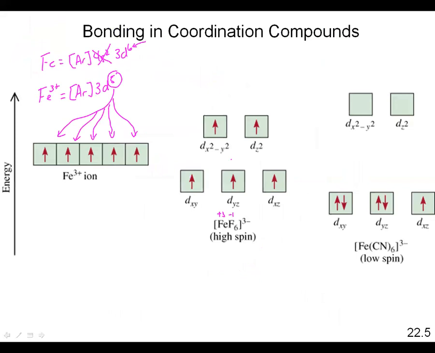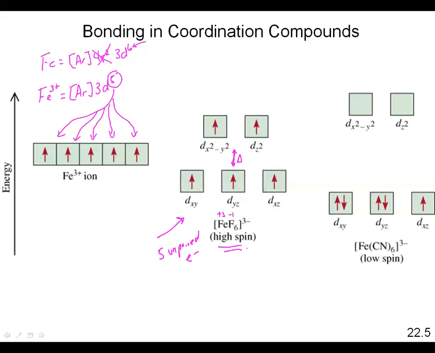Then the difference between these two guys here is not that much. So we're going to distribute our electrons like normal. And what we end up with in this particular case is 5 unpaired electrons. And that is why this is referred to as a high spin complex. Again, we have more unpaired electrons.